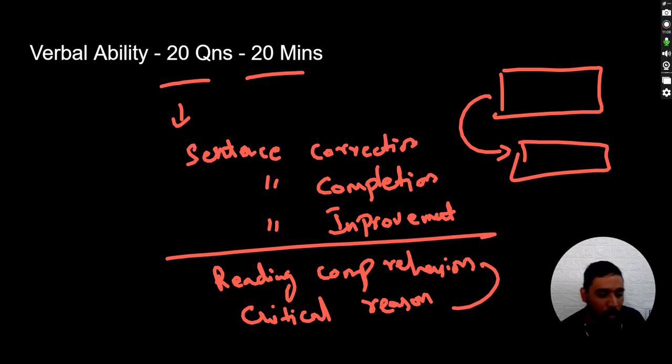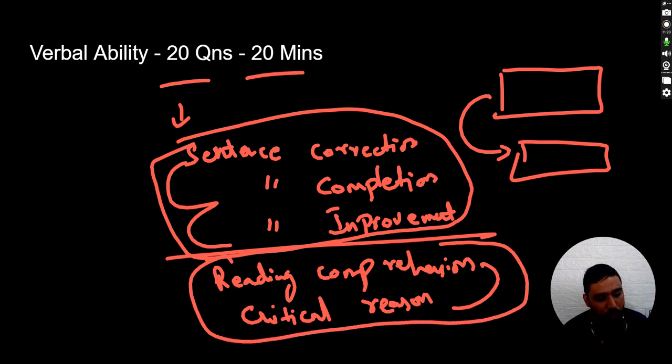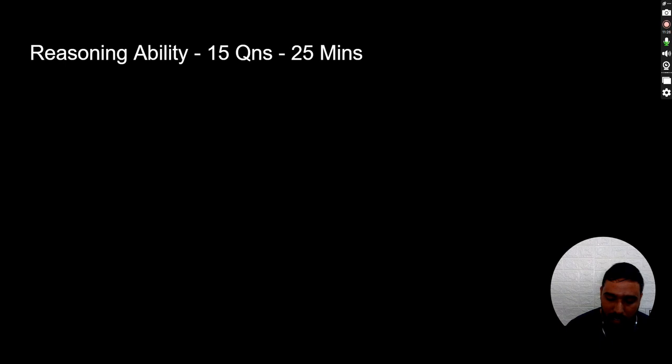So just be careful, these are the topics. A good part of questions, at least 40%, come from this one. So just be careful about these questions, guys. All right, so 20 questions, 20 minutes in this one.